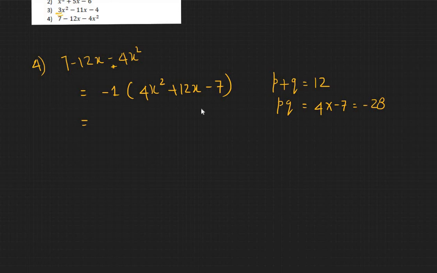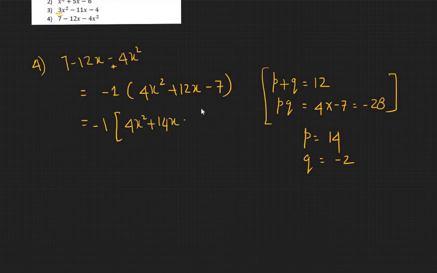If you try to guess what the values of p and q could be, your p could be 14 and q could be minus 2. So we can split this term as 4x squared plus 14x minus 2x minus 7.